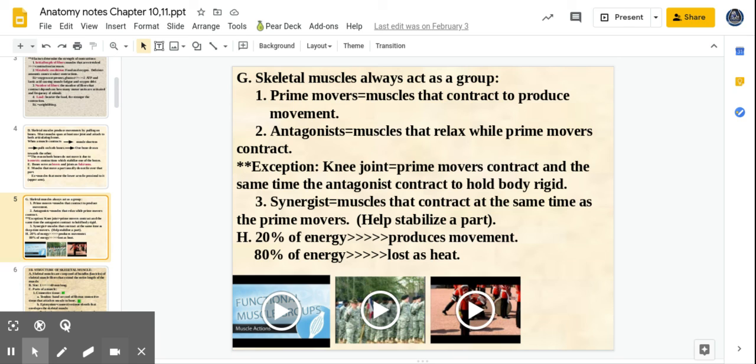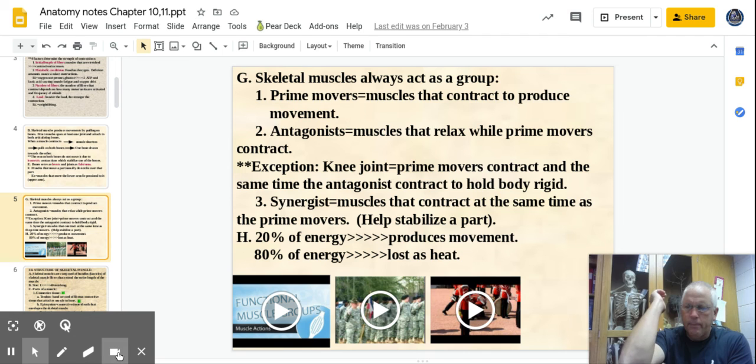So when the prime mover contracts, so I'm moving my arm, the tricep has to relax for me to move my arm. So my bicep becomes the prime mover, my tricep becomes the antagonist. But when I drop my arm and extend it, now my tricep becomes the prime mover and my bicep becomes the antagonist. So they switch roles depending on what movement we do.